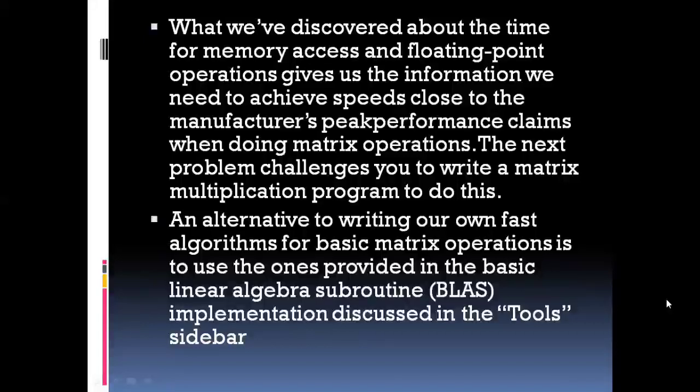An alternative to writing our own fast algorithm for basic matrix operations is to use the ones provided in the basic linear algebra subroutine implementation discussed in the earlier slide.